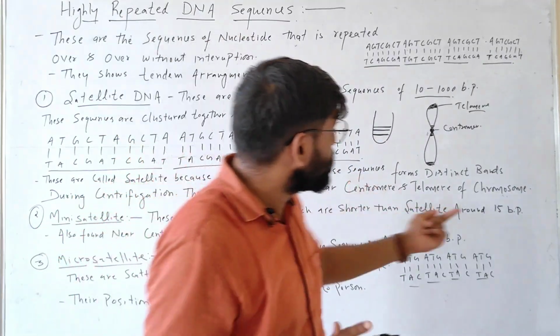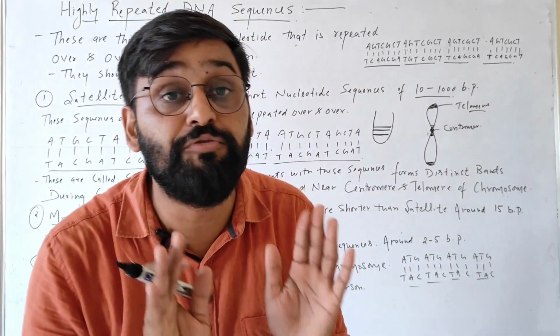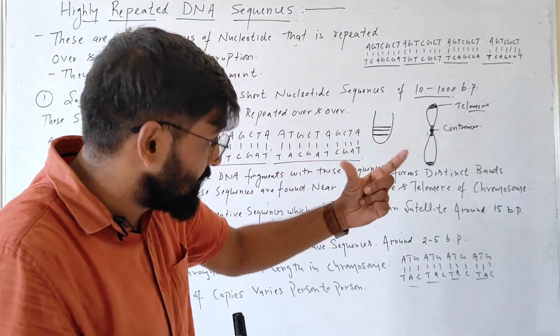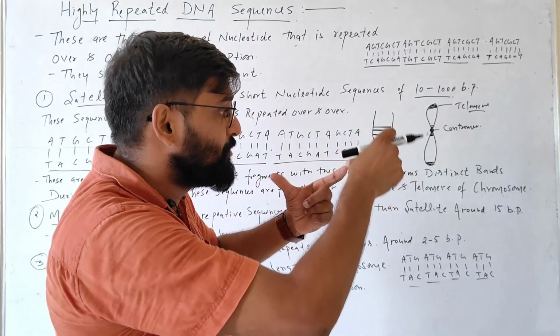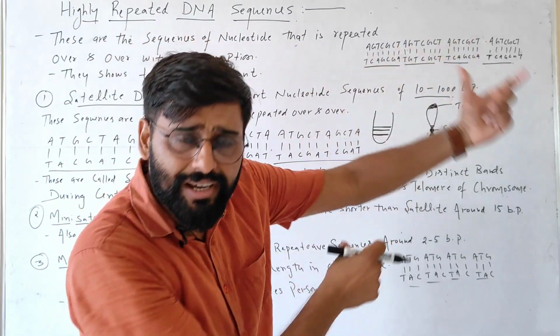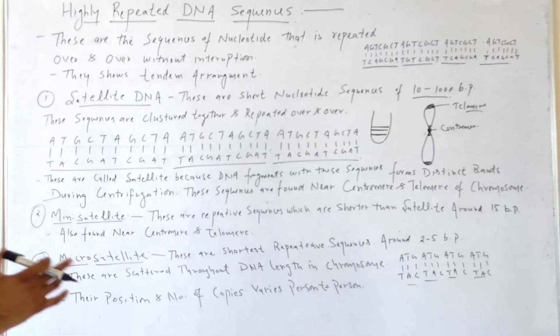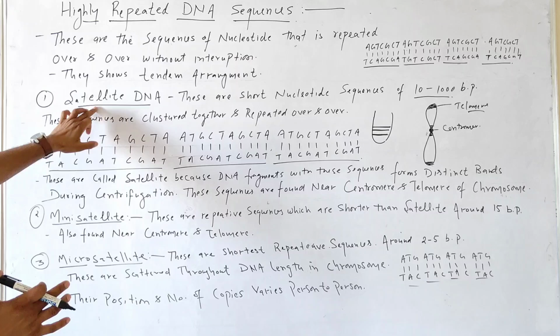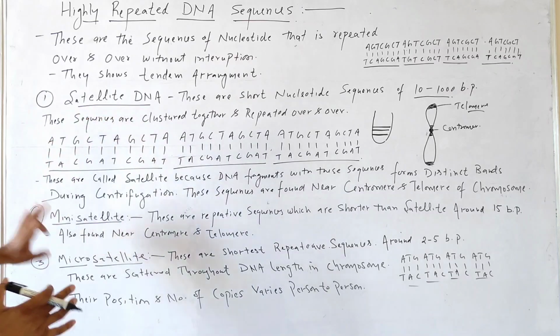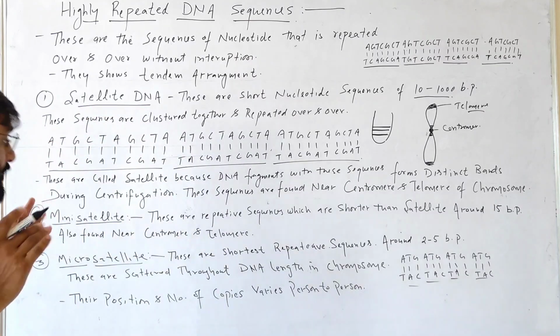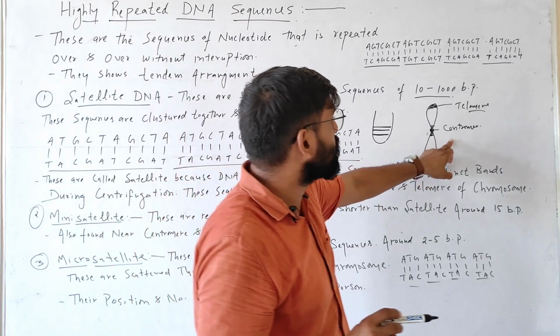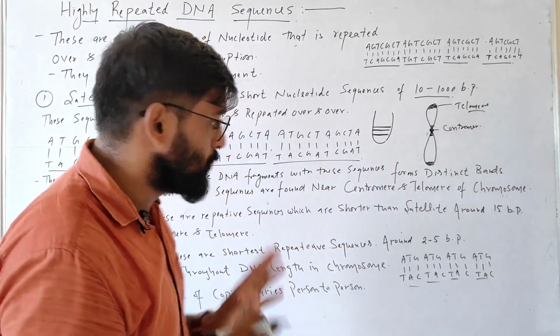These are not more than 15 base pair. It will repeat over and over again in tandem manner. So the difference between satellite and minisatellite is that satellites are longer sequences and these are shorter sequences. These minisatellites are also found near the centromere and telomere of the chromosome.